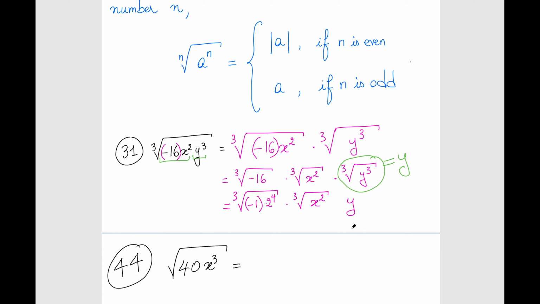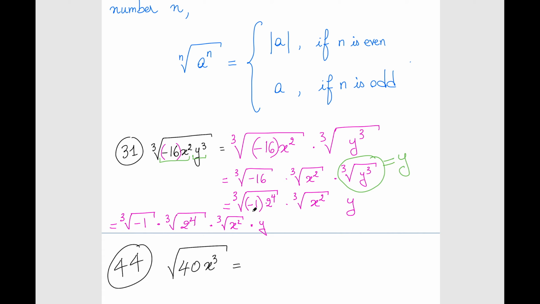Okay. All right, so I still need to simplify this entity. Let me write it right there. This is the same as the third root of negative 1, using the product rule again, times the third root of 2 to the power 4, times the third root of x squared times y.